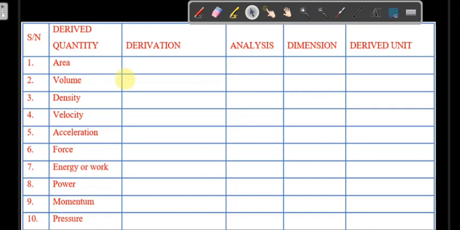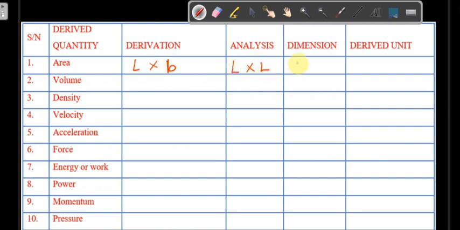So our first derivation here is going to be area. We know that the derivation for area is length times breadth. So the analysis is going to be L for length. When writing dimension, use capital letter L, whether it be breadth or height, it will be represented as length.